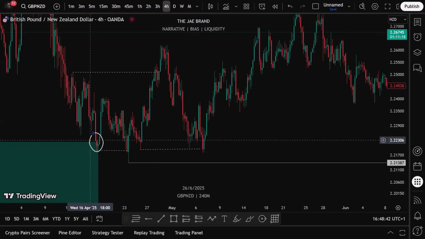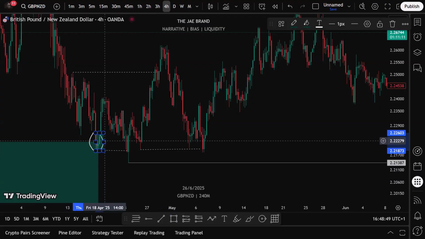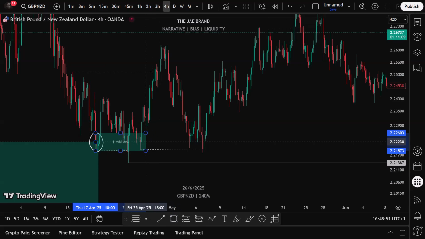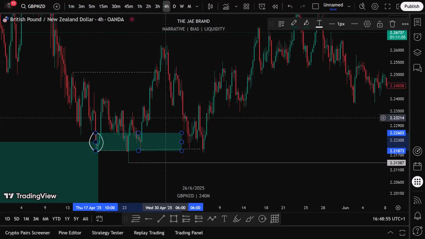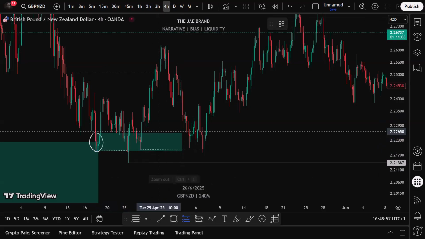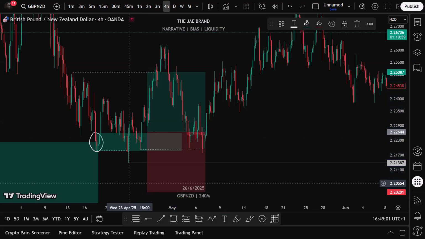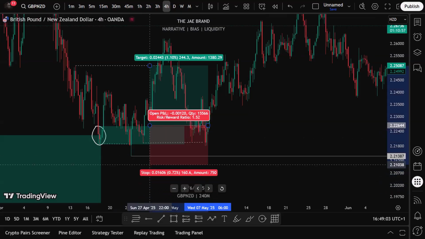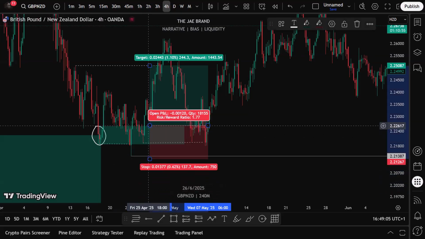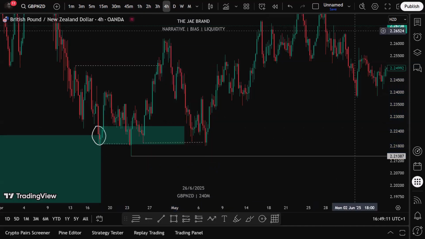Now we can see that this QMR has been mitigated by our structural liquidity here. You see, it has been mitigated by our structural liquidity. So it will not be okay for you to take your position and make your entry in this region, because the QMR has already been mitigated.